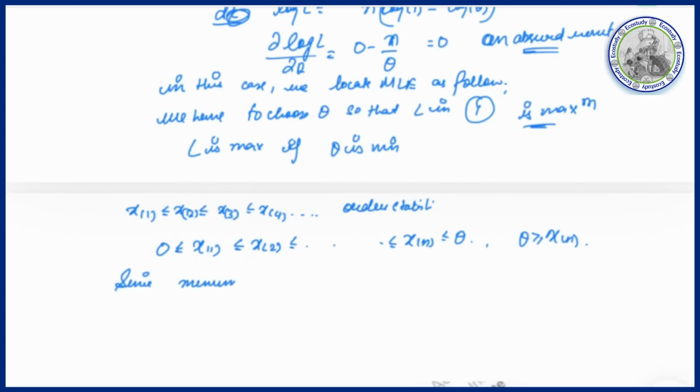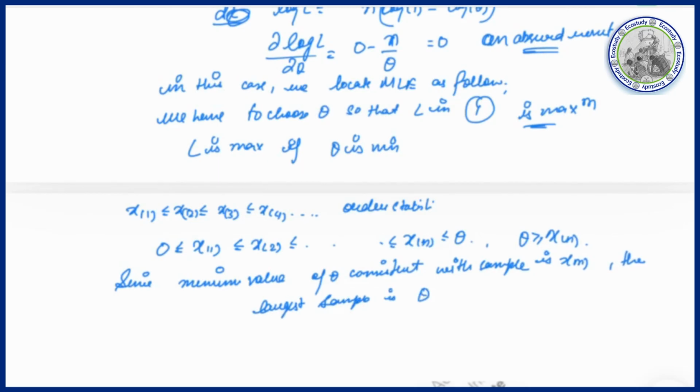Since the minimum value of theta consistent with the sample is X(n), the largest sample observation, the MLE of theta is equal to X(n), the largest sample observation.